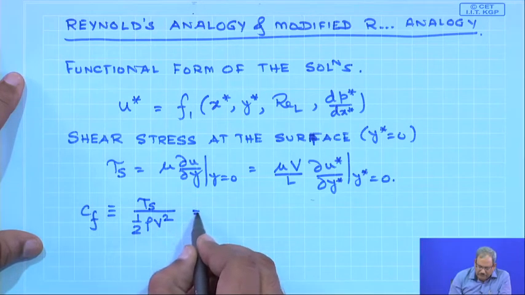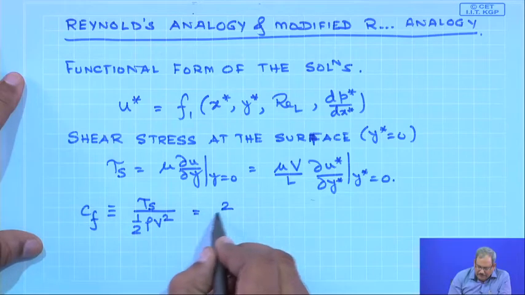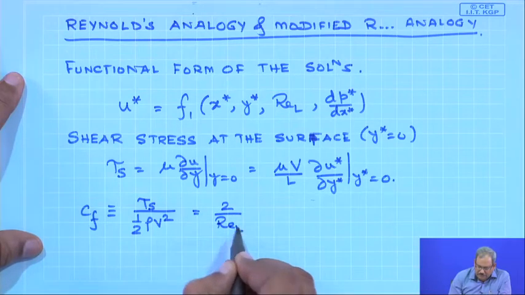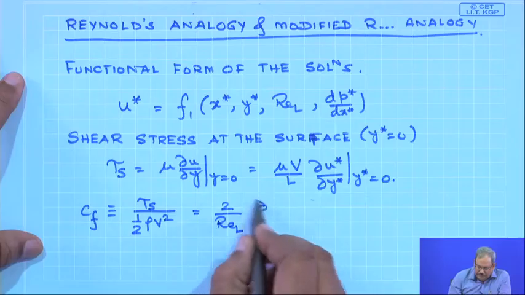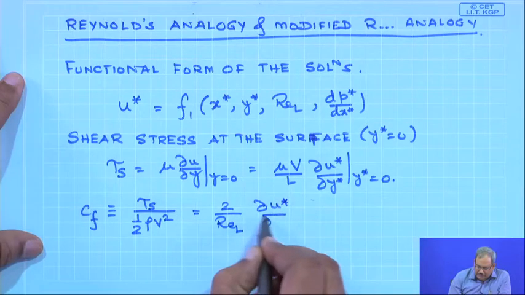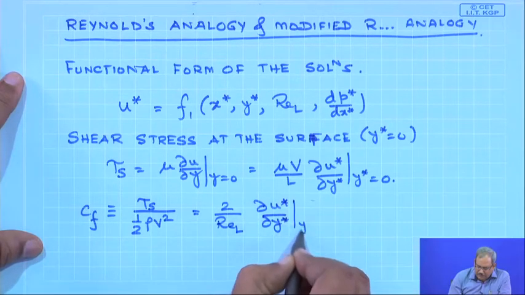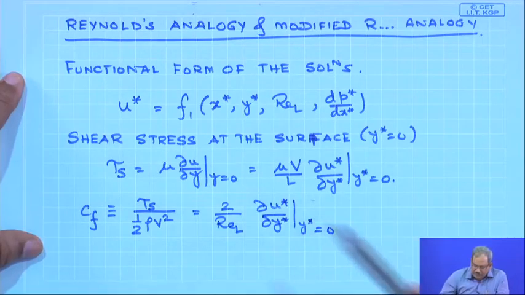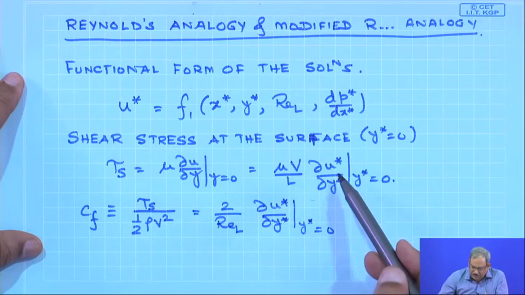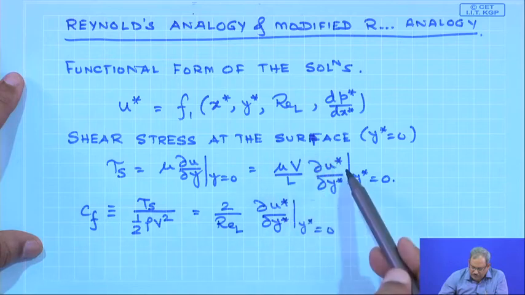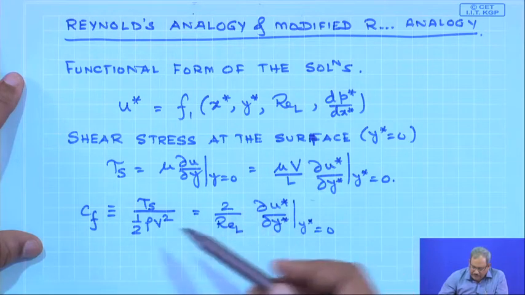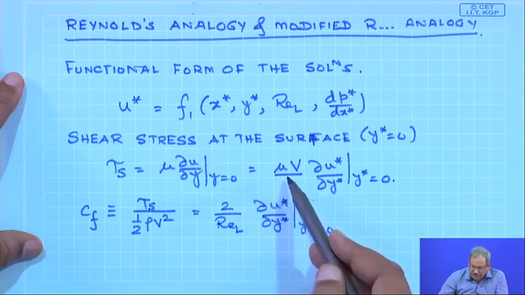So, the definition of CF can be written as 2 by the Reynolds number for the entire length times del u star by del y star at y star equals 0. This was simply obtained by putting the expression of tau s over here and absorbing this half rho V square in it.